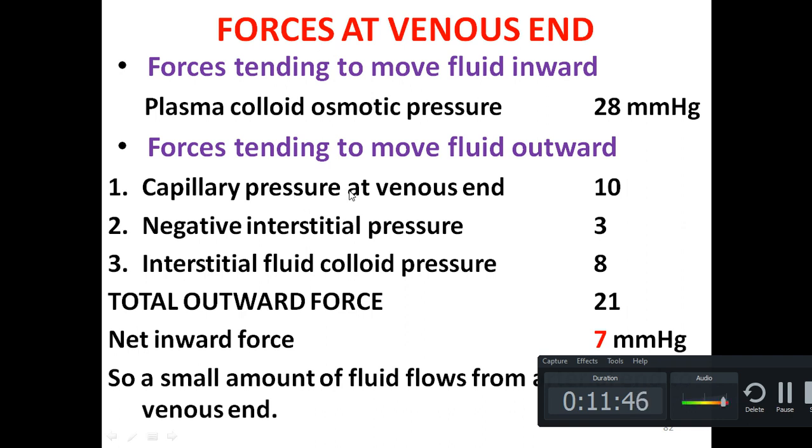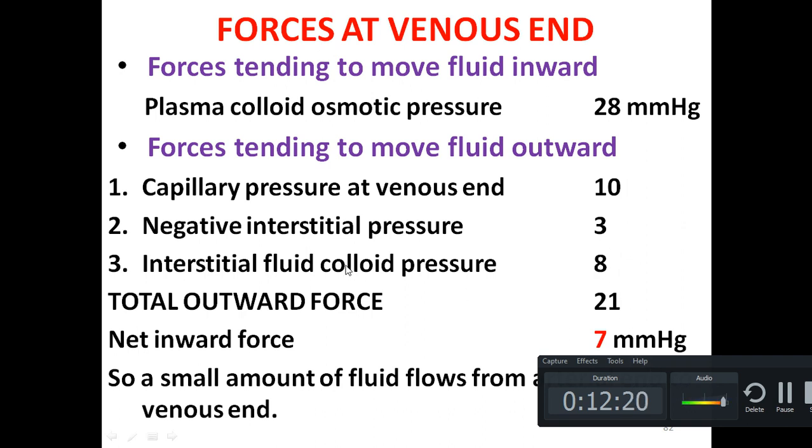So you see here at the venous end, the capillary pressure has decreased from 30 at the arteriolar end to 10 at the venous end. This is the major difference that causes the absorption of fluid. The second force is the negative interstitial pressure, which is 3 millimeter of mercury, and it is again trying to move fluid outward. Then the third is the interstitial fluid colloid osmotic pressure, the same 8 millimeter at the venous end.